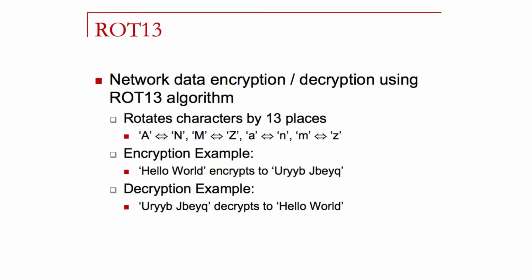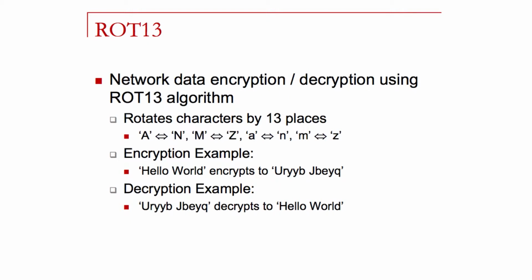One form of a substitution cipher is called ROT13, and I can use the same approach to both encrypt and decrypt a message. So for example, letters A through M are mapped to letters N through Z. For example, A maps to N and M to Z. And then if I wanted to reverse that, I just move over 13 places again. So ROT13 will say shift over 13 places to get the ciphertext, and then shift over another 13 places to get the original plain text back.